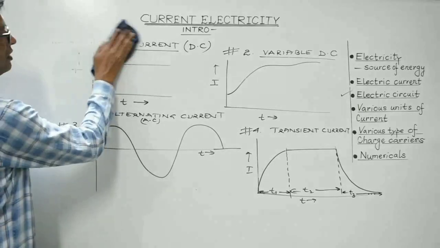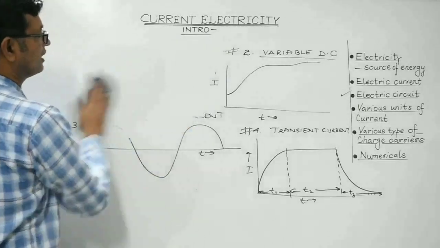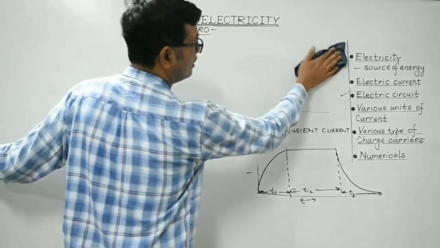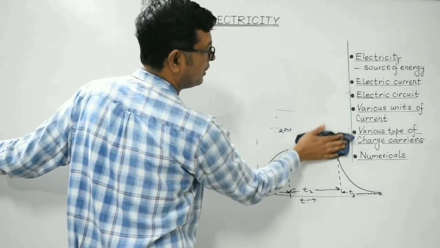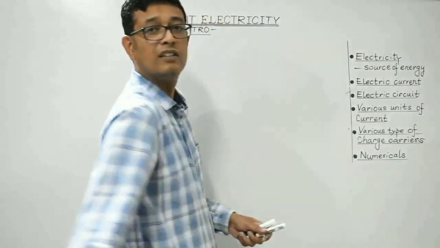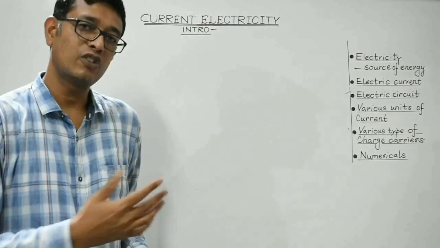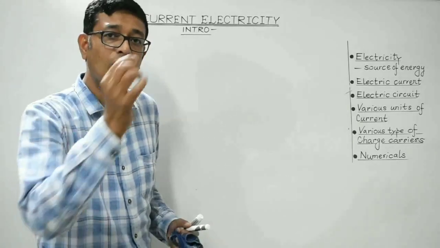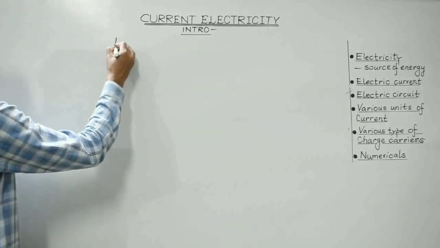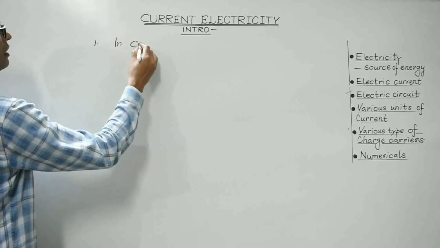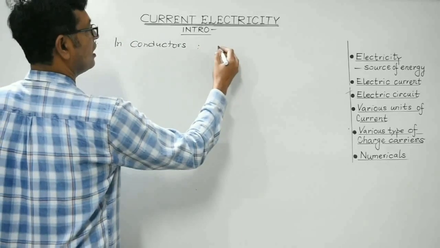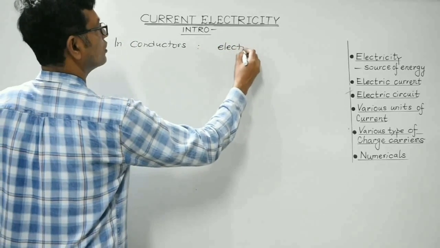Now look students, there are solids, there are liquids, there are gases. In solids, as I have stated, the charge carriers are the free electrons. And free electrons, as I have told you, are the valence electrons present in the outermost shell of an atom. So in conductors, the charge carriers are the electrons.